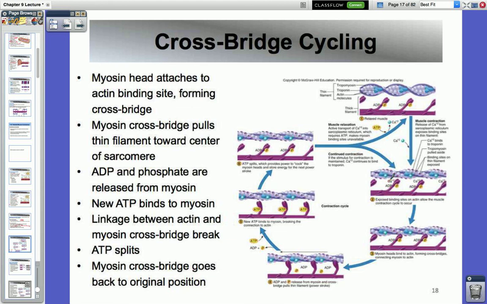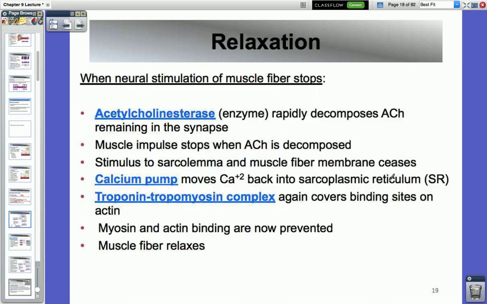But sometimes we don't want it to constantly contract, so we have to have other things in place to slow this whole contraction down. So one of the things that's going to stop this whole process, or stop the nerve from constantly sending this signal, remember, the nerve sends a signal via synaptic vesicles.